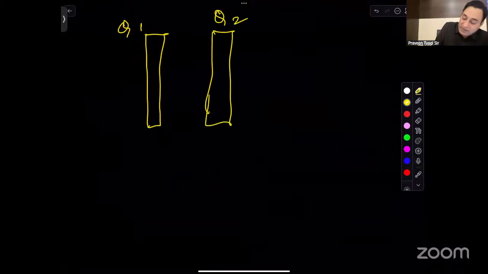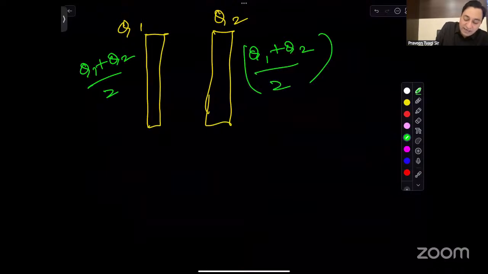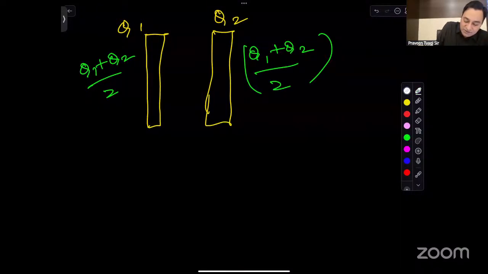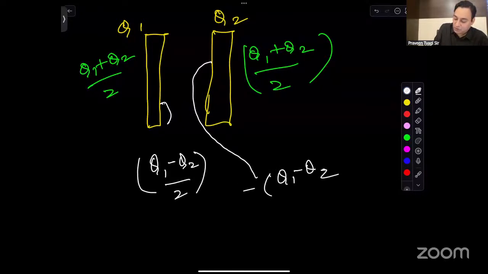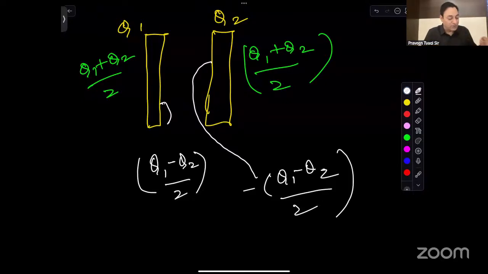You will find that the charge comes out to be Q1 plus Q2 by 2 on the outermost surfaces, and inside, suppose this was X, it comes out to be Q1 minus Q2 by 2, and this comes out to be minus of Q1 minus Q2 by 2. Now, these are the results. Now, try to understand this.